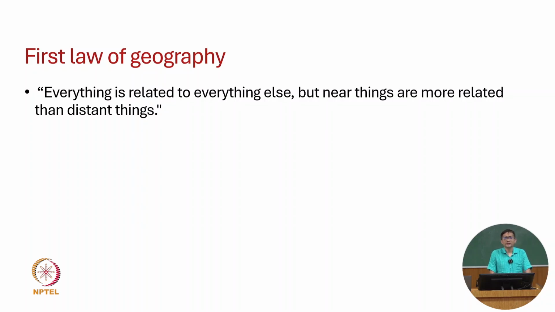Whereas, let's say you are right now actually sitting in a forest when watching this video, and for kilometers around you, you are probably surrounded by forest, right? So this brings us to this principle that, okay, everything is related to everything else, whereas the near things are more related compared to the distant things.